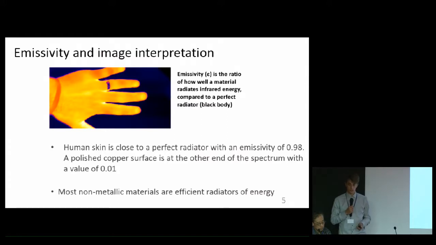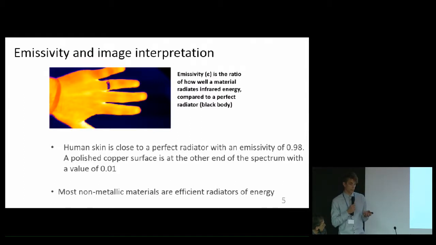When I say material properties, what I'm referring to is mainly emissivity. Most people here, again, are probably aware of what emissivity is, but I will anyway briefly introduce this term. Emissivity is a measure of how well an object emits thermal energy, long-wave infrared energy.